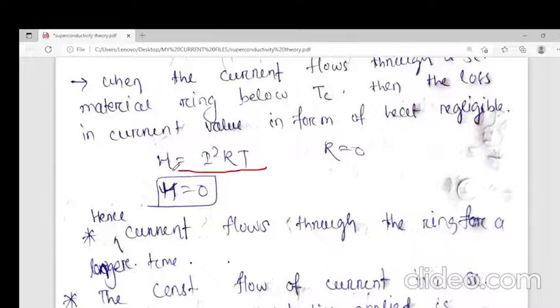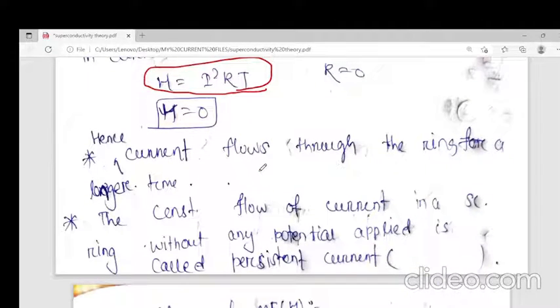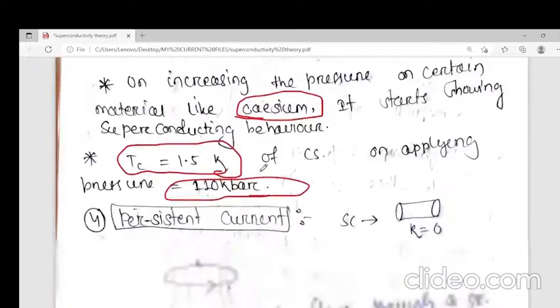So H equals I squared R t, and H becomes 0, meaning the heat dissipation is nearly 0. Hence the current flows through the ring for a longer time. The constant flow of current in a superconducting ring without any applied potential is persistent current, meaning it will flow for a long period once it starts.